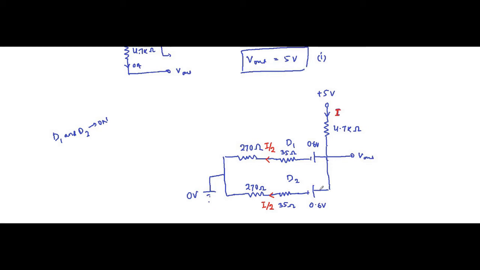Now if we put KVL here, in any of these paths, let's say we put KVL from here, it is 5 volt, please follow the path which I am taking.